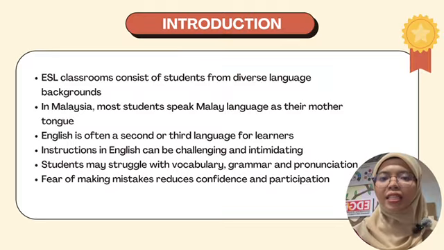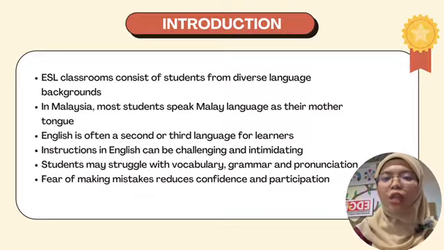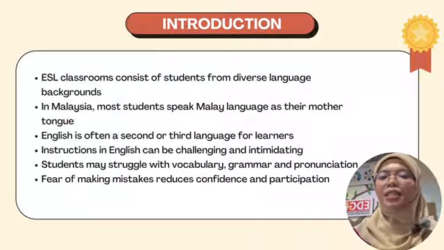In this lesson, culture is used as a meaningful context because familiar topics such as Malaysian festivals allow students to relate new English vocabulary to their own experiences. This approach helps students see English as a tool for communication rather than a subject they are afraid of.